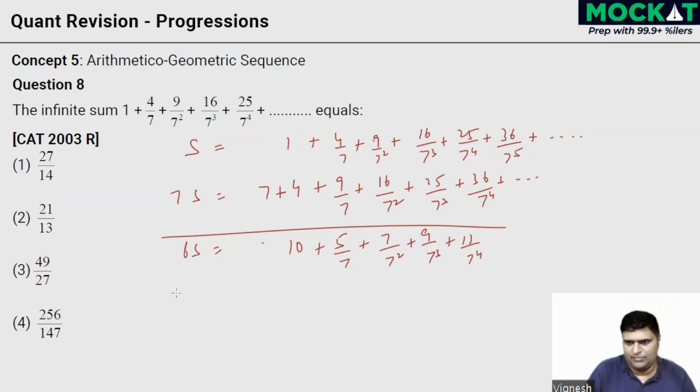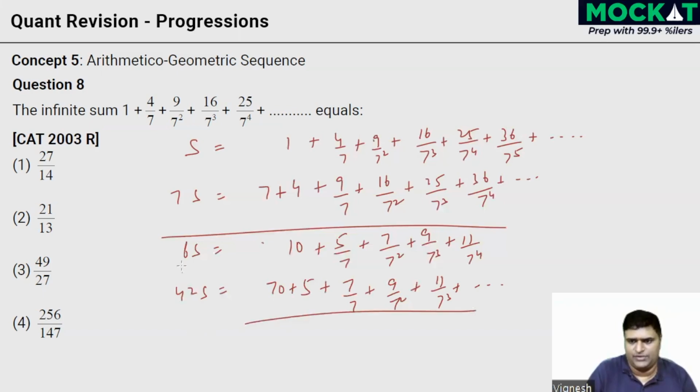Into 7 again is going to give me 42s, right? 7 into 6s, which means I'm going to get a 7 plus 5 by 7 into 7 is a 5, 7 by 7 plus 9 by 7 square plus 11 by 7 cube and so on.